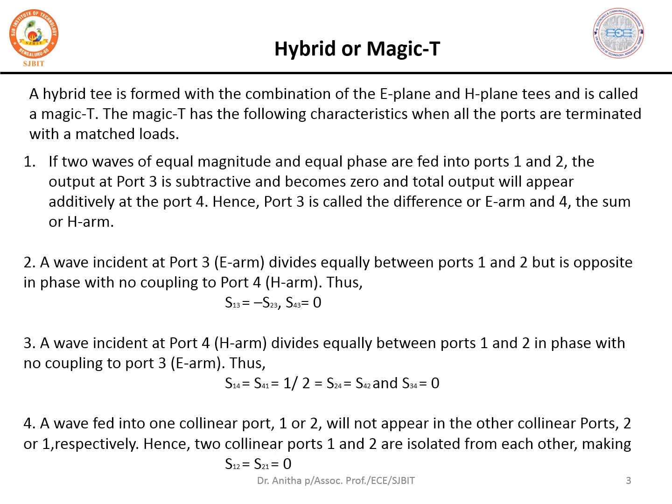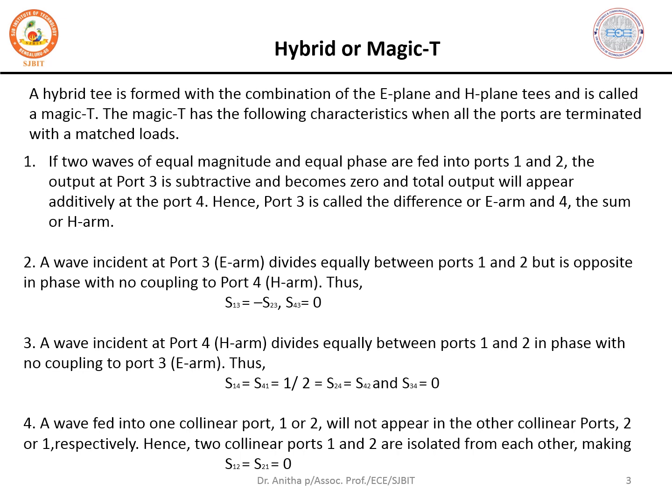And the total output will appear additively at port 4. So port 4 we call a sum arm, and port 3 we call a difference arm. The difference arm we also call the E arm, and the sum arm we also call the H arm.